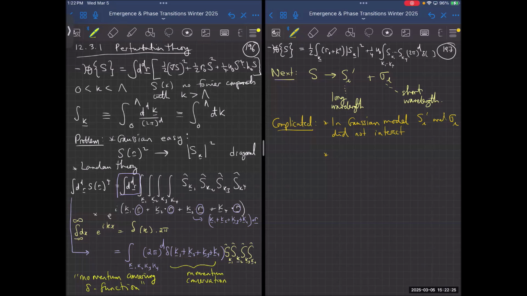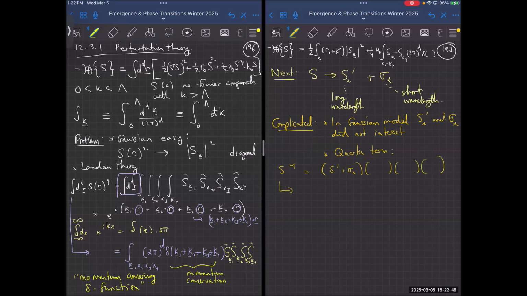But when you have the quartic term, the quartic term looks like S to the fourth, and I'm writing this S to the fourth as S prime plus sigma prime, and then there's 4 of these things.